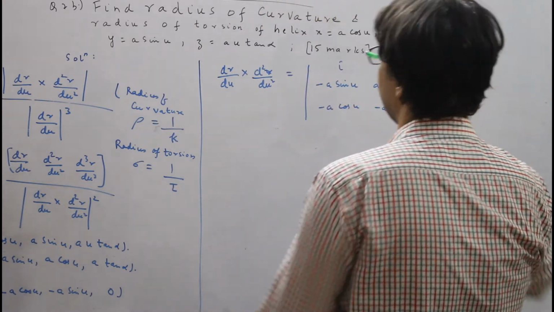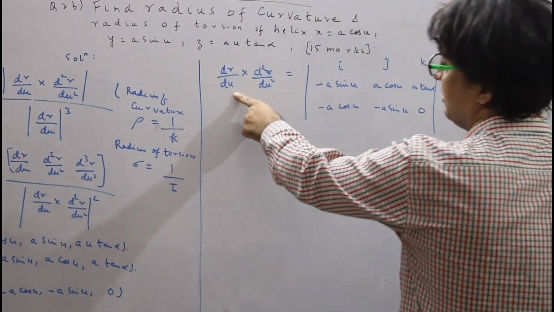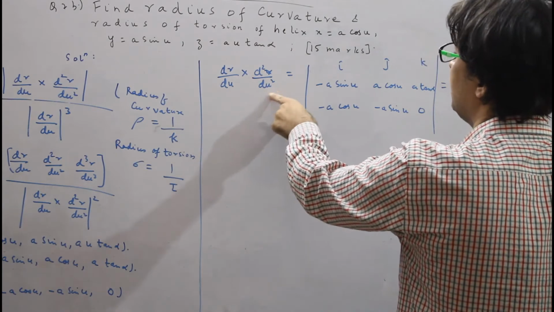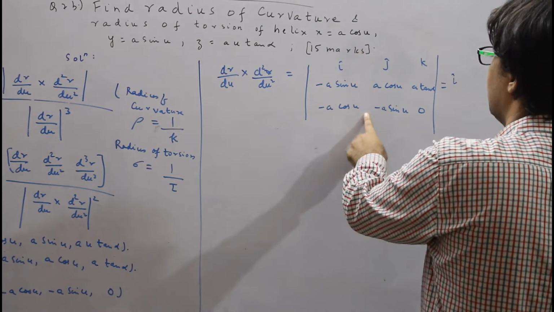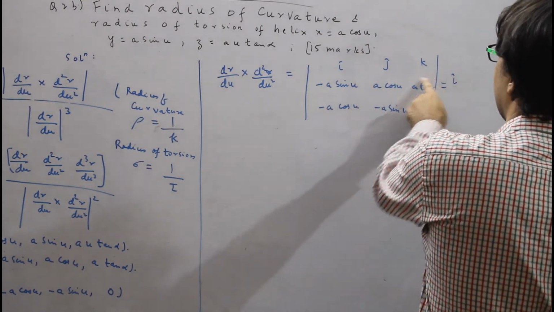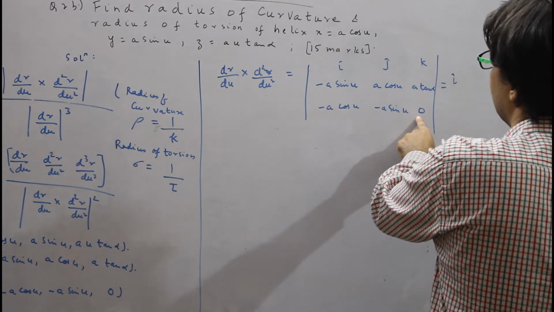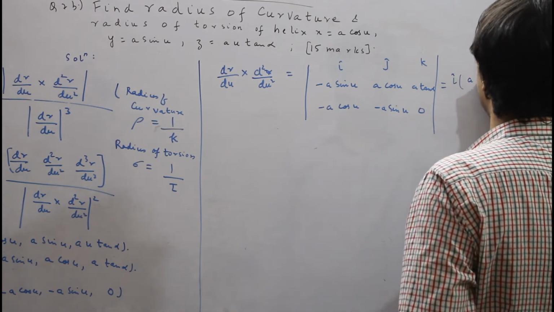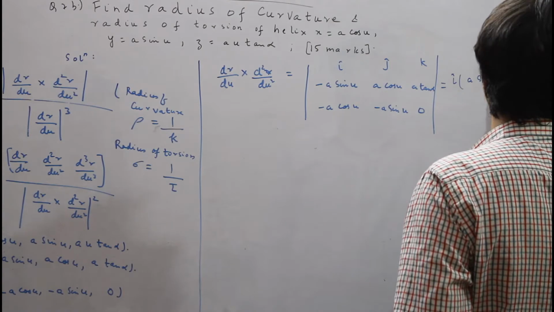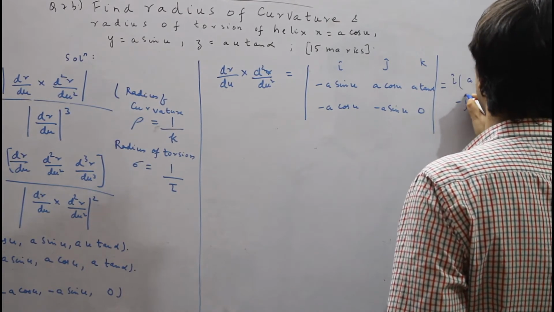So here we can find dr by du cross d square r by du square. If we take this cross product, first we take i. So a cos u into 0 is 0, and minus minus becomes plus. So we get a sin u tan alpha, then minus j.